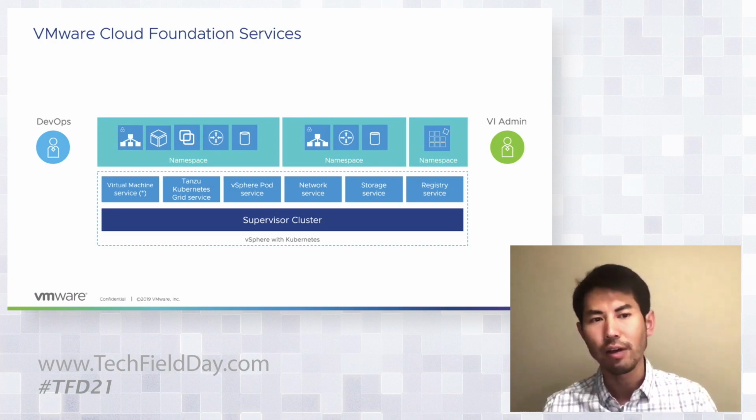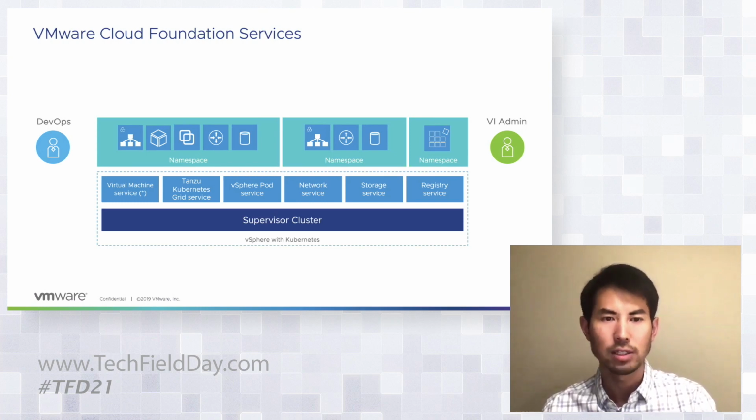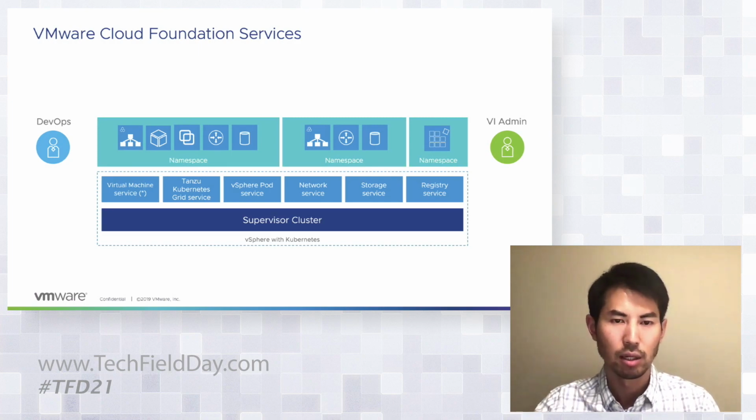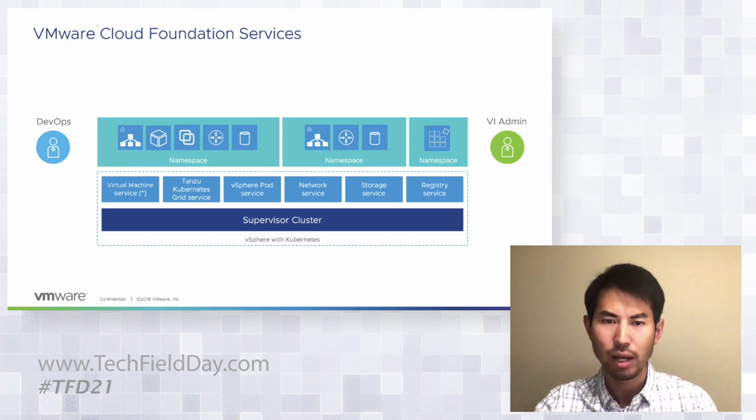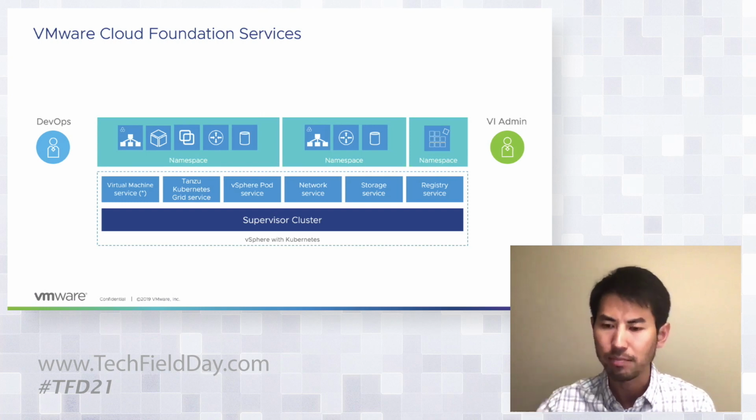The developer can use these services through the kube control interface to self-service create all of these objects, including a Kubernetes cluster, a pod, a virtual machine, and a router, all within a namespace that is managed by VI admins.